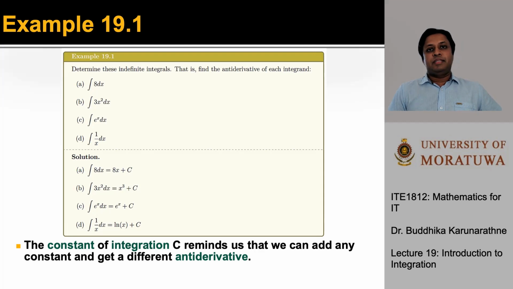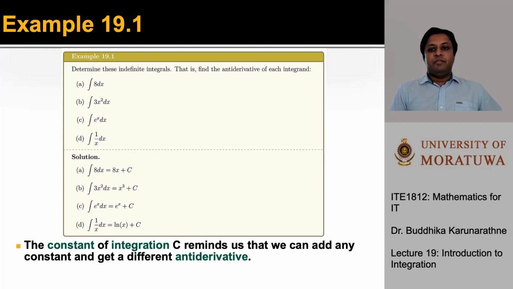In part C, you have to integrate e to the power x with respect to x. You remember from the differentiation lesson that when you integrate e^x, the answer will also be e^x. So when you integrate e^x with respect to x, your answer will be e^x plus a constant c.